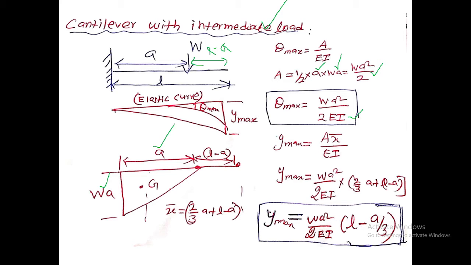Next, y max at the free end is A x bar divided by EI, where x bar is the centroid. The centroid distance is L minus A plus 2 by 3 of A. So y max equal to WA squared by 2EI into x bar, which gives y max equal to WA squared by 2EI into (L minus A by 3).